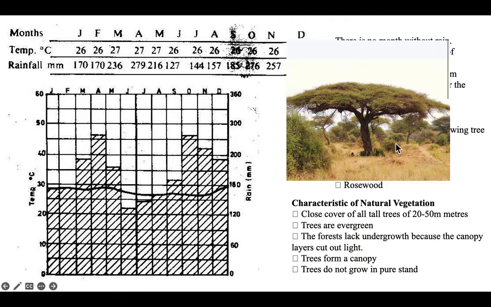So we need to know the characteristics of the trees, because the examiner focuses on what some of the characteristics of the natural vegetation in equatorial climate are. We need to have an idea of the vegetation.